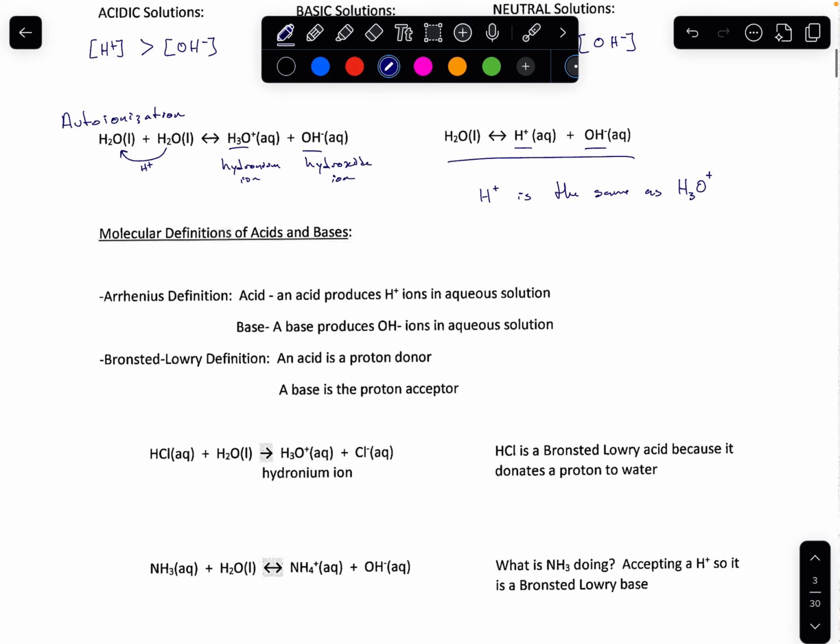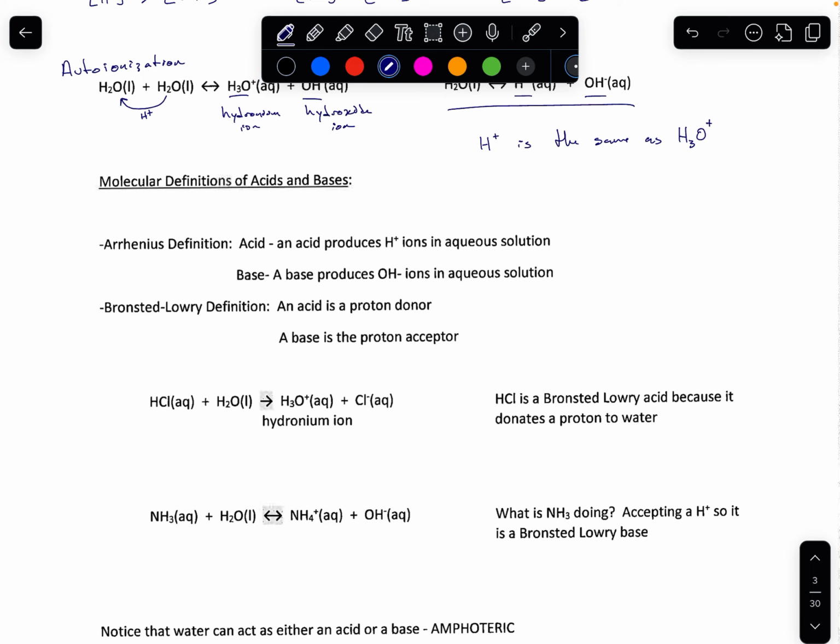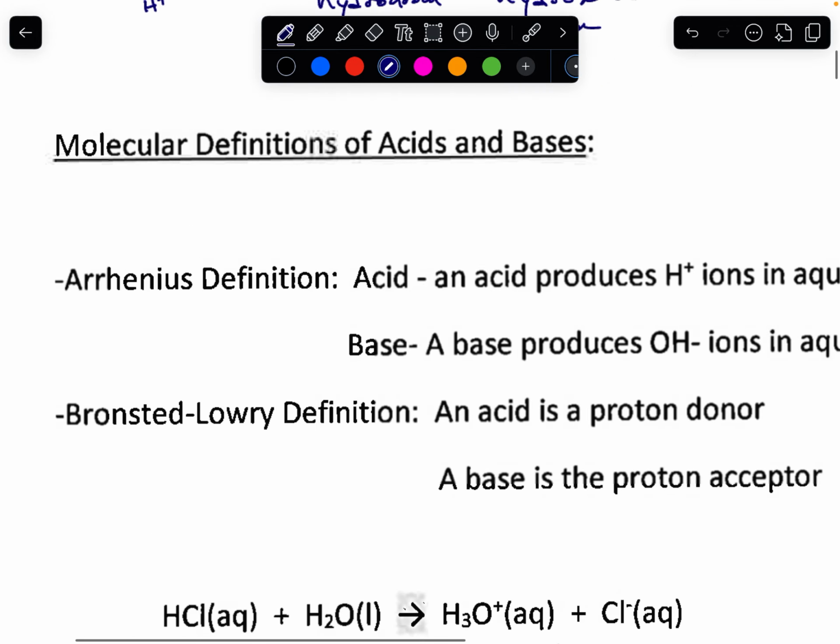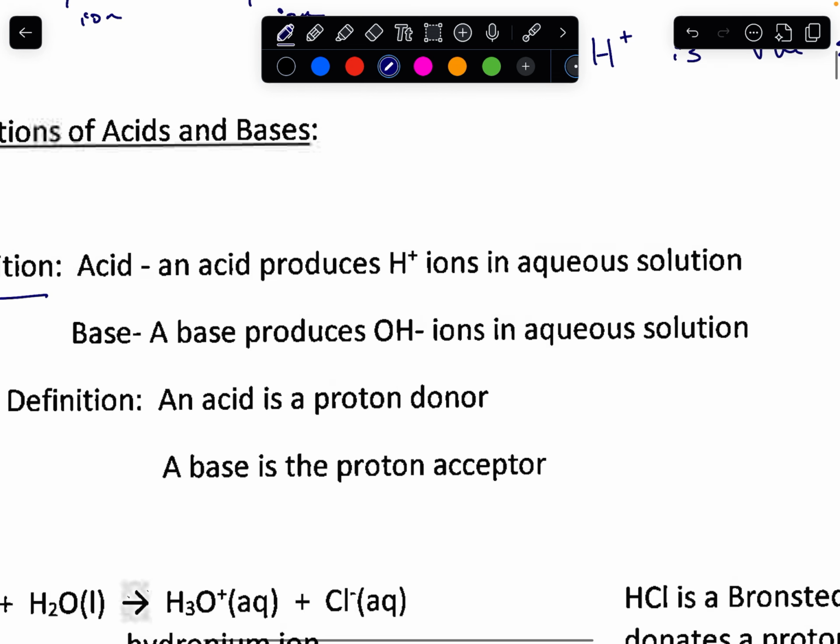Coming on down here, I just have a couple of definitions that we need to go through. Our original definition for acids and bases is the Arrhenius definition. This one's very specific. We don't use it very often, but an acid is going to produce that H plus, and it has to be in water.